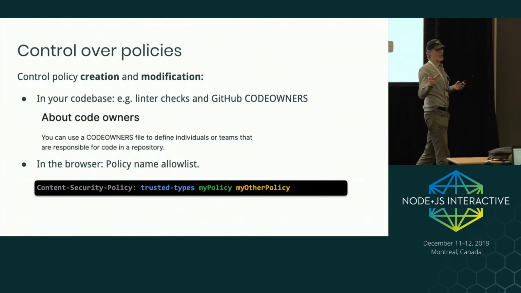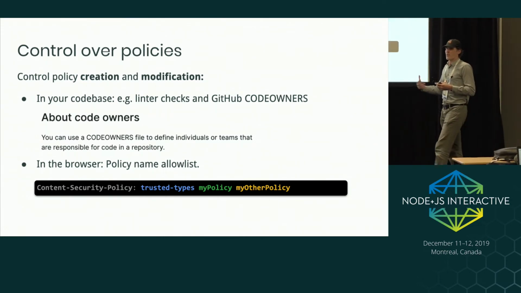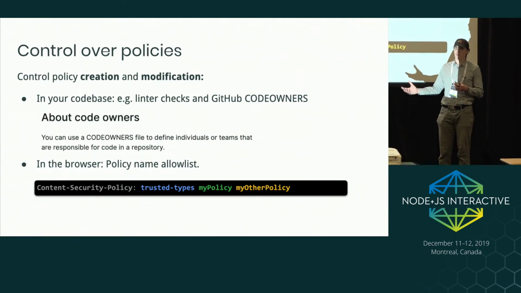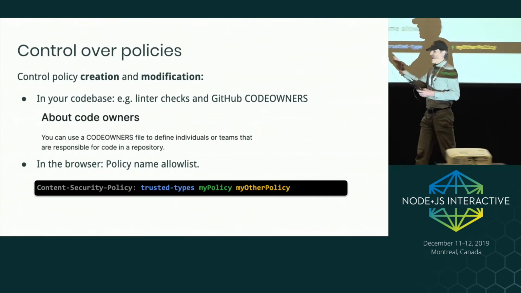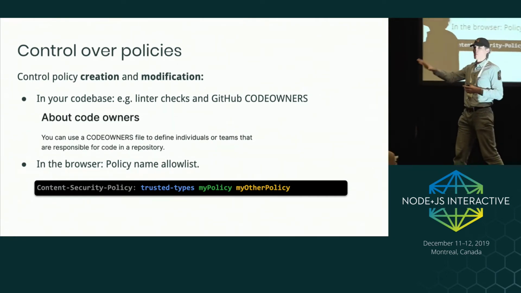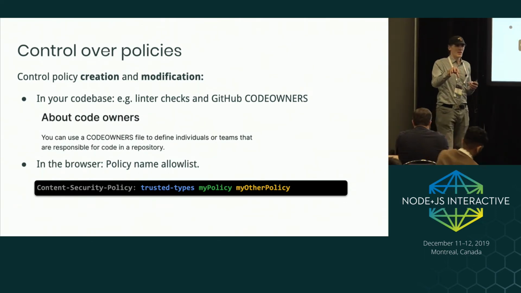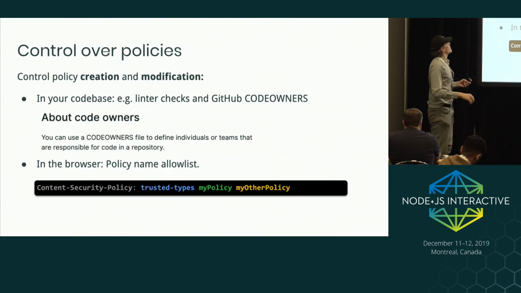You've got globs over paths in your code base, and then you can say, for this glob, these people should sign off on any changes to it. That lets you have the vast bulk of your code change however you like, but this small subset of files requires review by an expert.